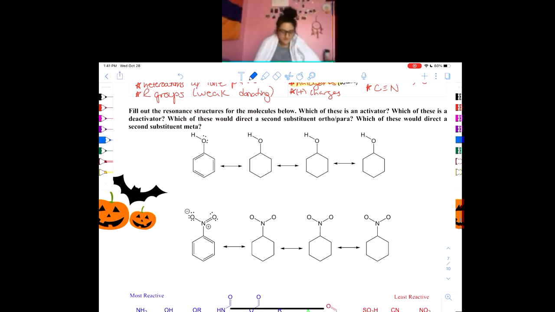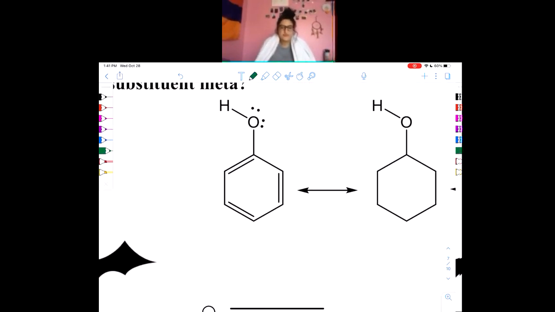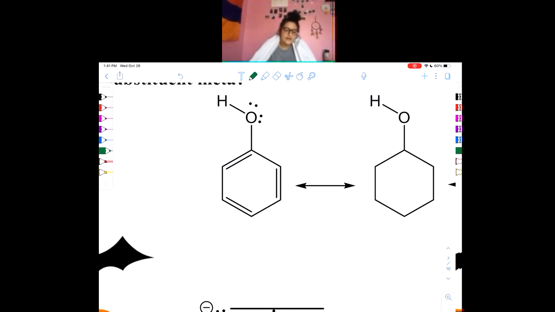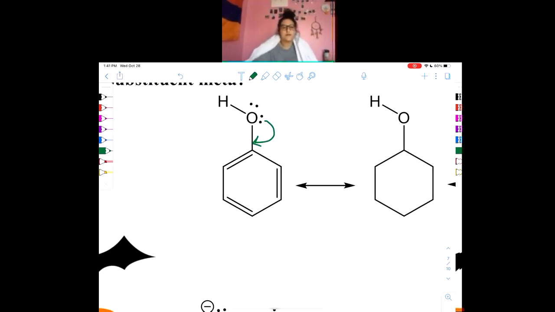So let's do this thing. First we are going to start with an OH functional group. So is this a donator or a withdrawing group? Donator, exactly. Cool. So this would be an activator. And so we can drop those electrons into the ring, right? And that would make this double bond go here.